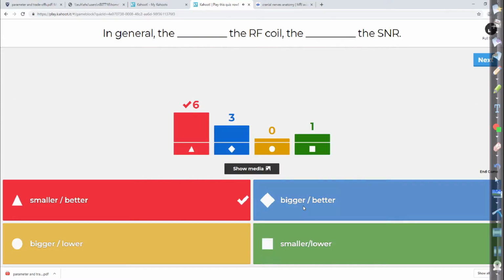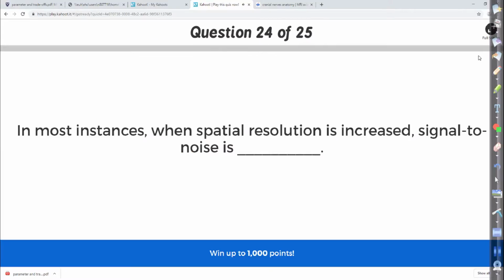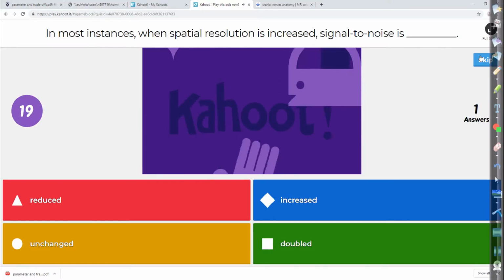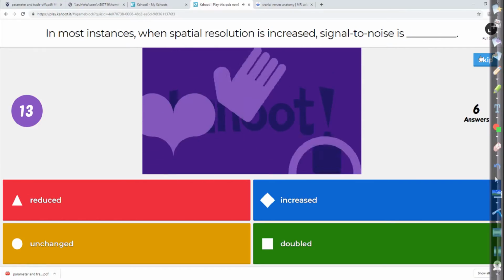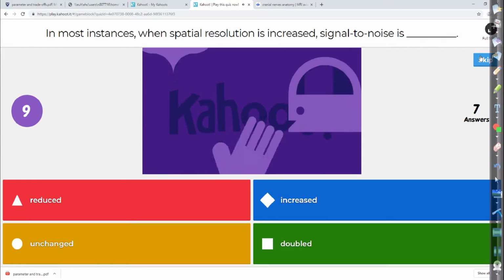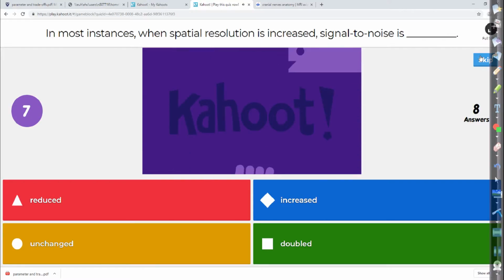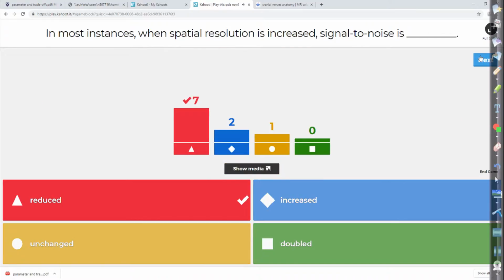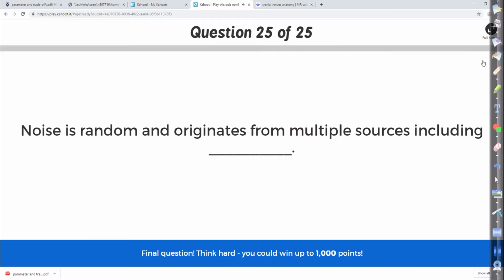Smaller coil, better signal. Good. Inversely proportional. Last one.